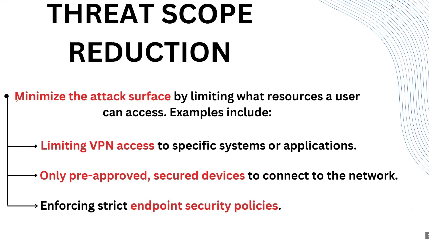Yeah, threat scope. So you can see there's two words: attack surface. So do you guys know what that is? Also, attack surface. So you guys are on the right track, yes.